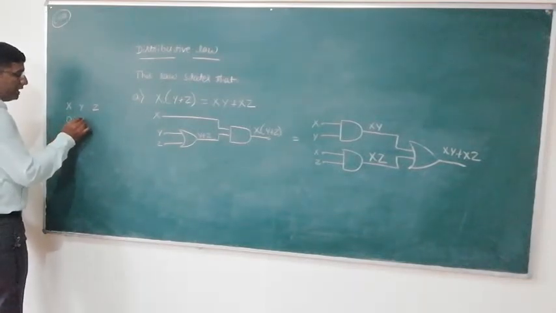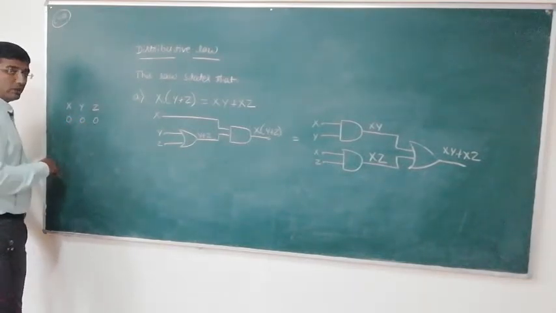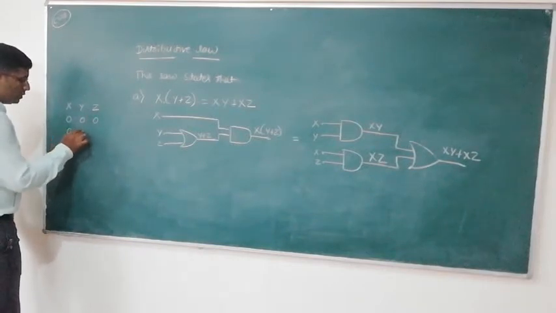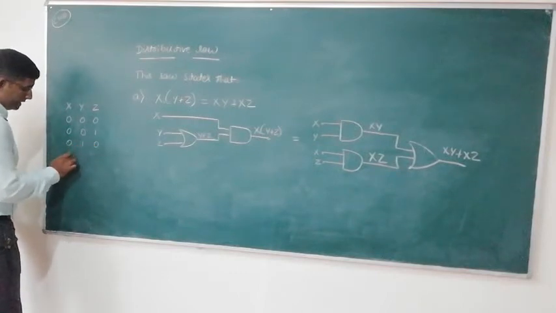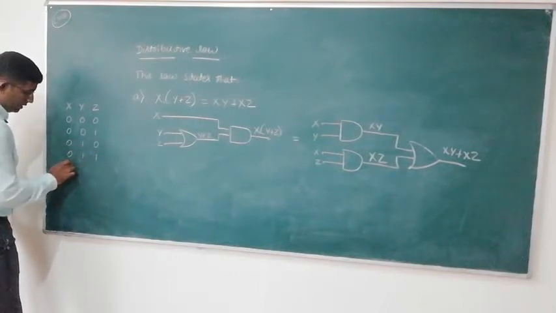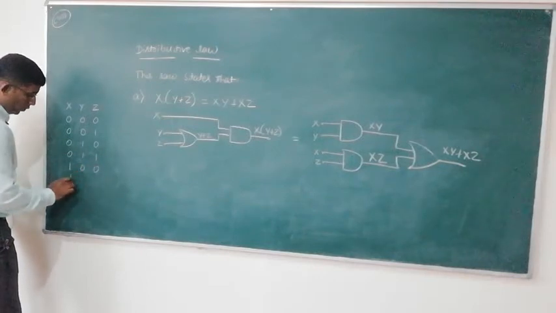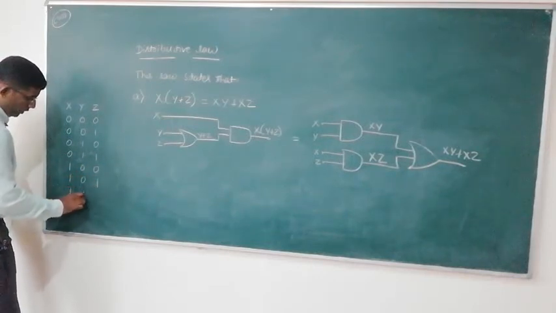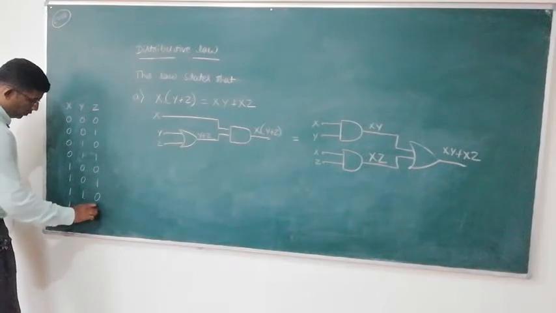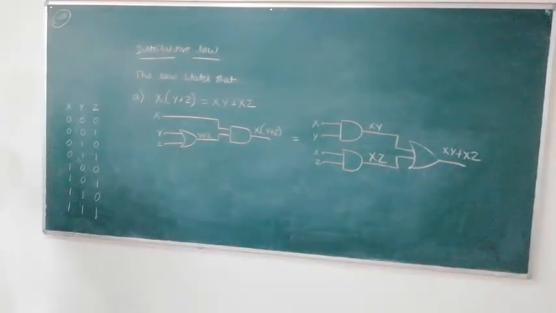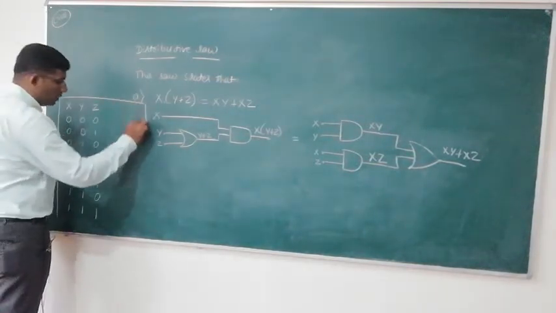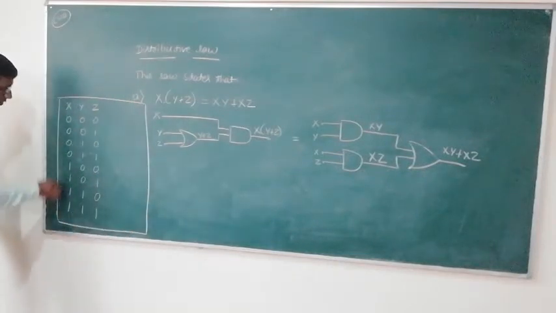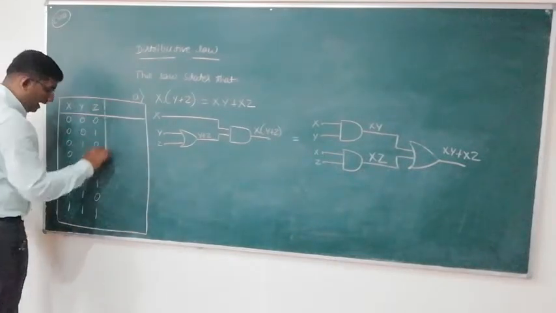If you are making a combination 0 0 0, 0 0 1, 0 1 0, 0 1 1, 1 0 0, 1 0 1, 1 1 0, 1 1 1, a total of 8 combinations can be made here. For this we need to find out whether LHS is equal to RHS.